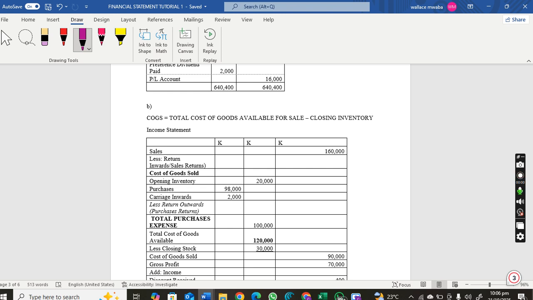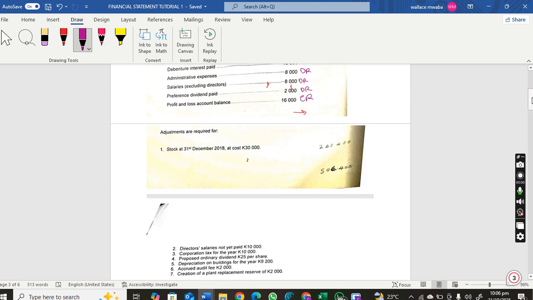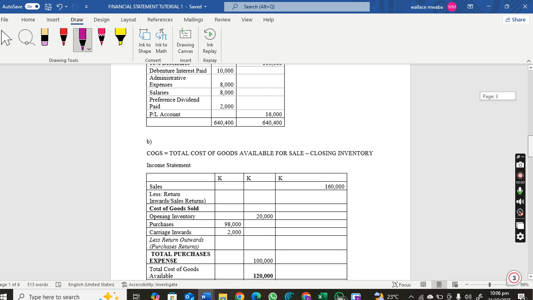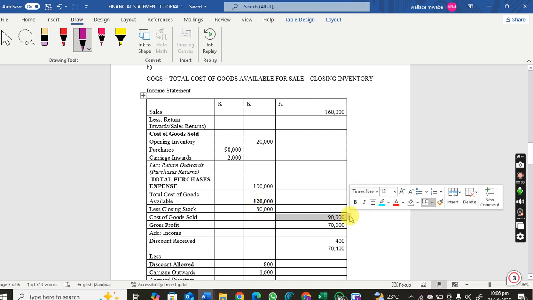In our additional information here, they told us closing stock valued at 30,000. So we're going to subtract this 30,000 from the total cost of goods available for sale. So 120,000 minus 30,000, we get 90,000. This is your cost of goods sold.